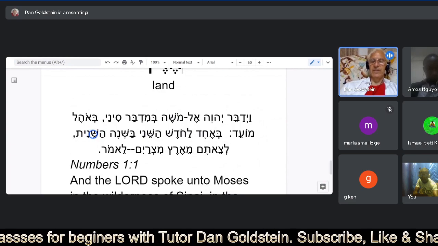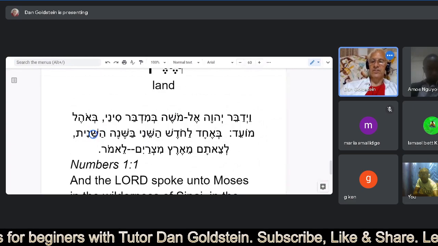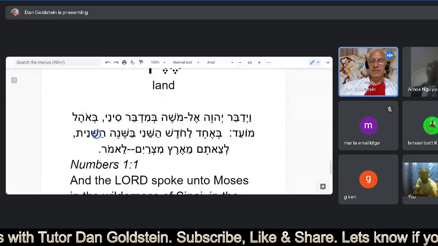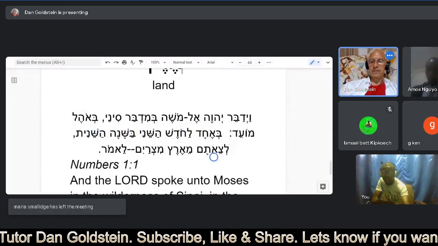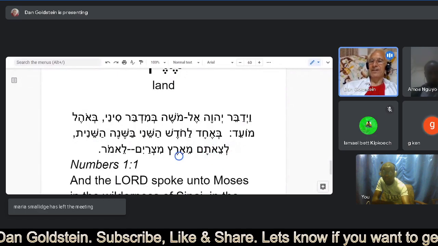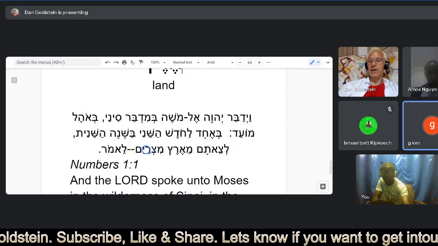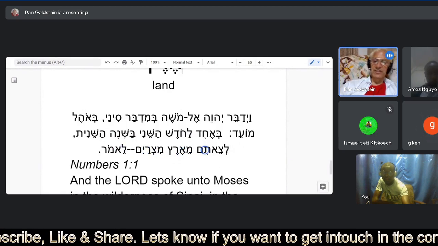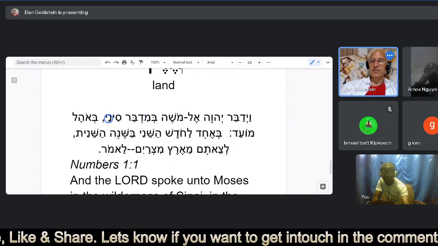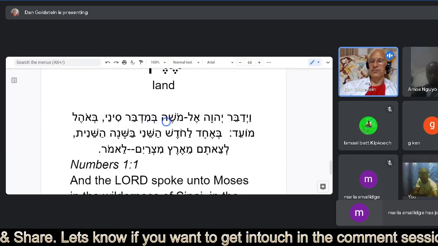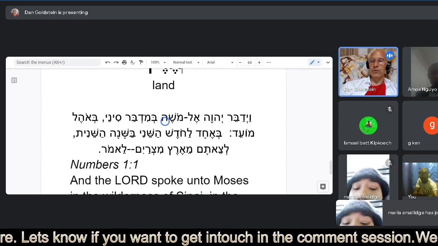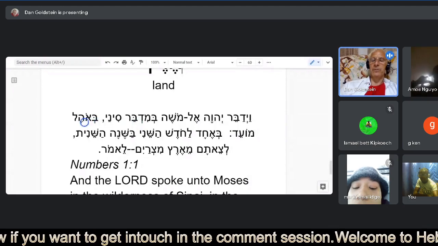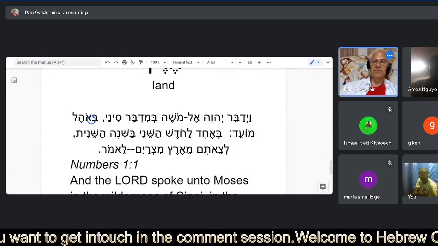So they're in the wilderness, and it's the first of the second month of the second year. Litzei Tzam, from their going out, May Eretz, from the land, Mitzrayim, Egypt. So these are instances of prepositions being added as prefixes to our Hebrew vocabulary. Midbar, b'midbar, wilderness. Ohel, b'ohel, in the tent, and so on.